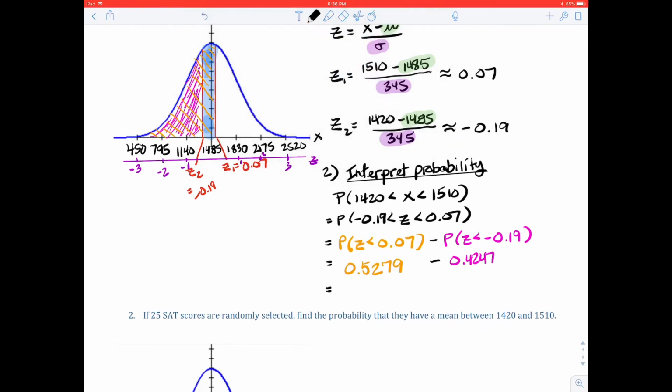So we end up getting this probability, the difference between them, 0.1032, which makes sense, right? That's a pretty small region right there. Good so far? Awesome.